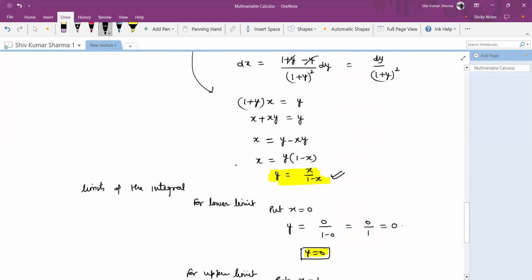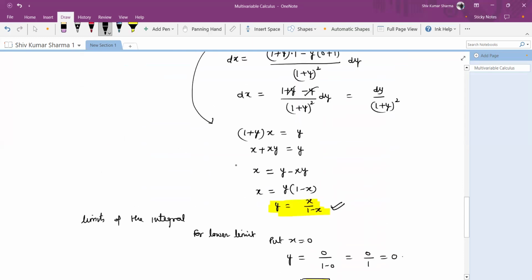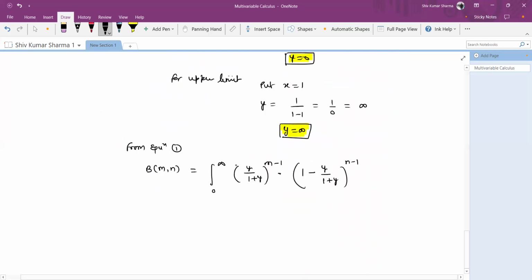So what is the value of dx here? The value of dx is dy upon 1 plus y to the whole square. Now we simplify this. So integral 0 to infinity, we can write y raised to the power m minus 1 upon 1 plus y raised to the power m minus 1.